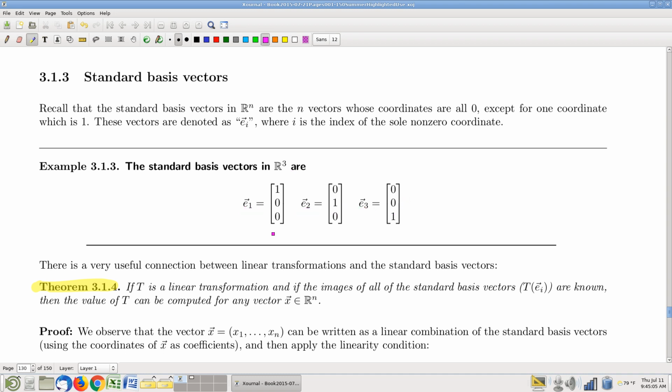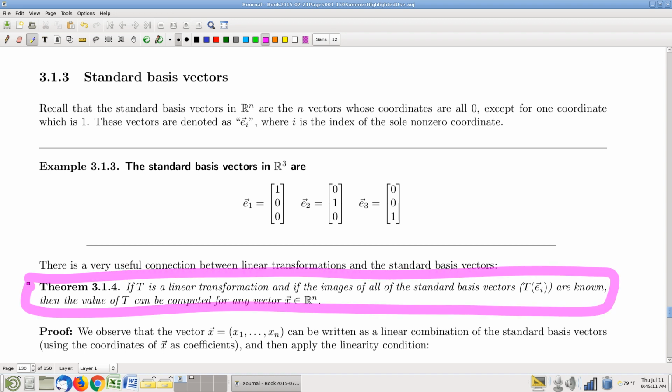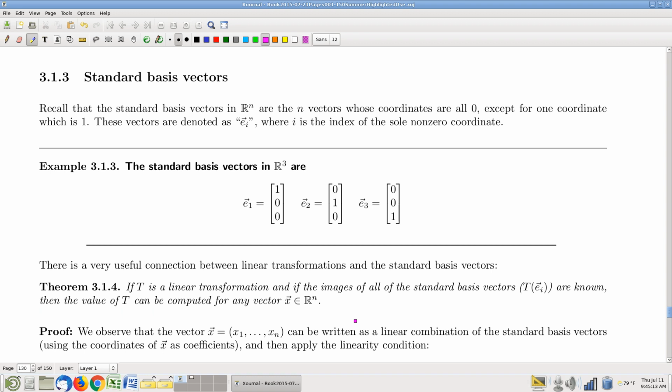Okay. All right, so that having been observed, here's a really surprising and important property about linear transformations. If you know the images of the standard basis vectors, let's just say we've got some linear transformation. If you know the images of the standard basis vectors, then you know every other value of the linear transformation. It's like a magic trick, right?